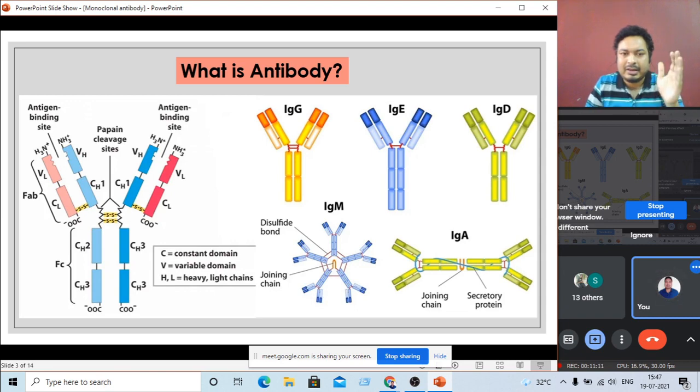That means the light chain and the heavy chain are generated in different parts inside a cell, and finally they unite together to form a definite antibody. So during the union of heavy chain and light chain, these disulfide linkages bind this chain to this chain to form a complete structure of the antibody.